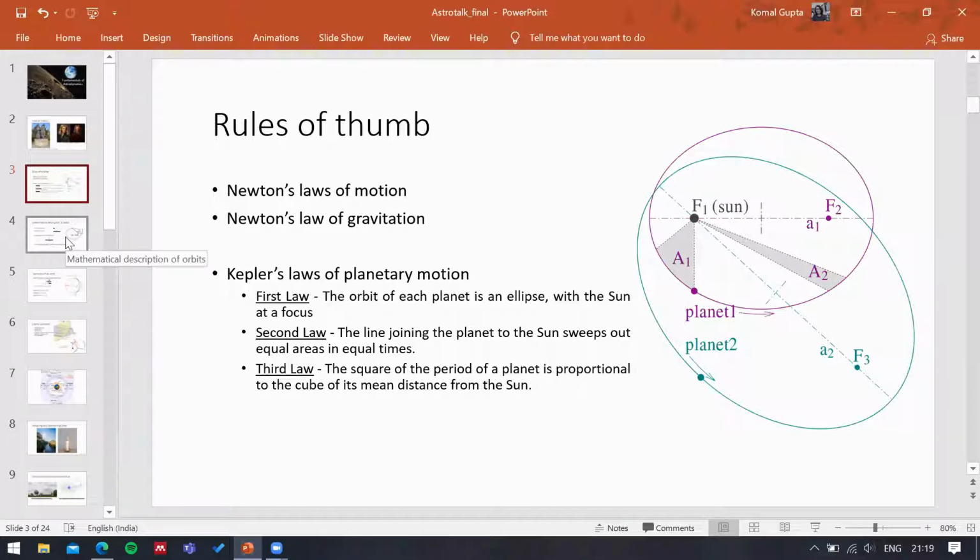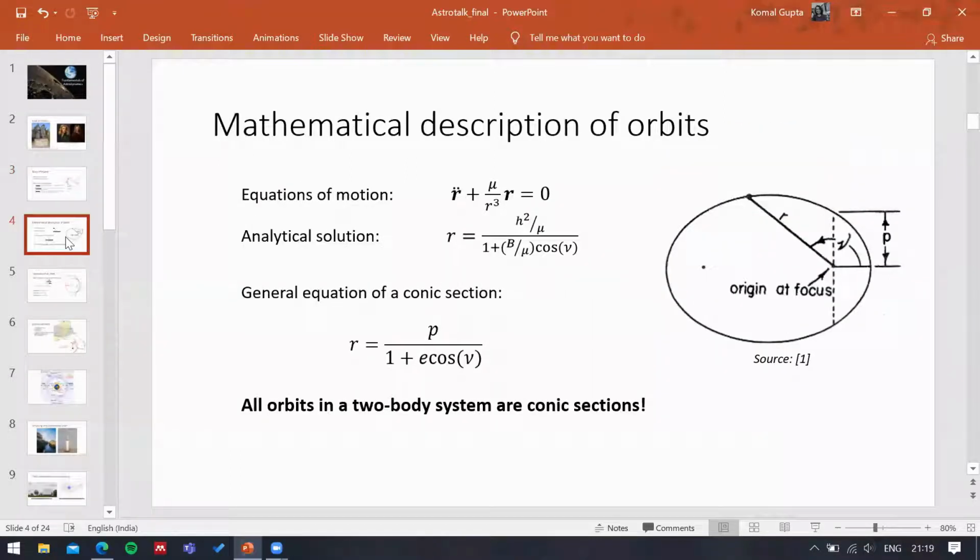Okay, so mathematically, if we want to define orbits, and I promise you this is the first and the last slide that has some weird looking equations in my presentation, we have to consider two-body motion, which is two bodies moving under each other's mutual gravitation.